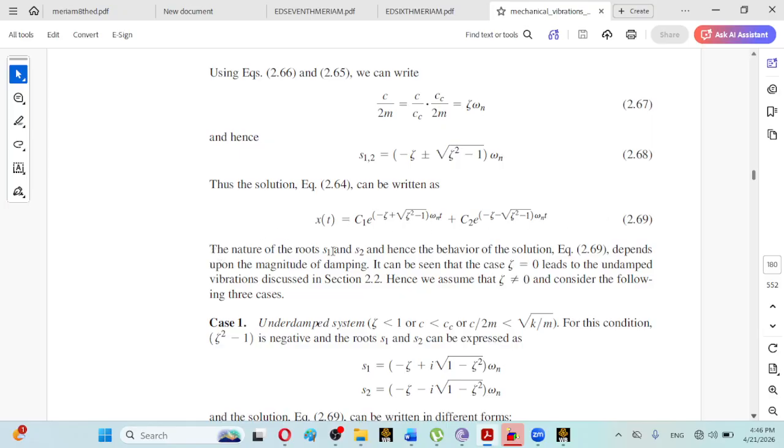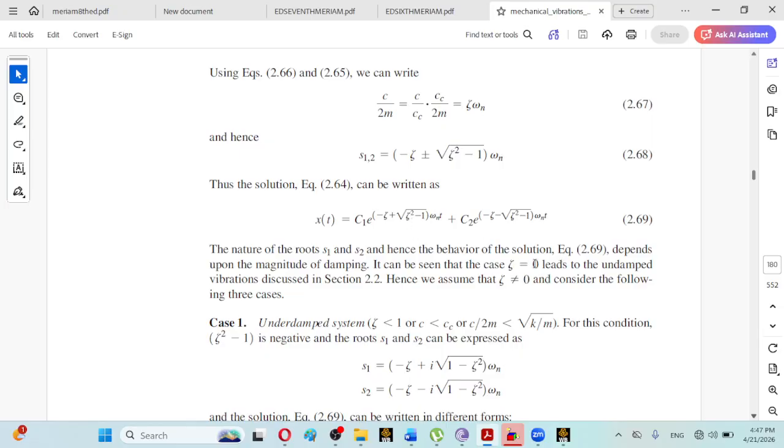Here it says that the nature of the roots s1, s2, and hence the behavior of the solution of equation 2.69, depends upon the magnitude of damping. It can be seen that the case damping factor equal to 0 leads to undamped vibration discussed in section 2.2. Here it says that if in this equation 2.69 we simply put the damping factor or damping ratio to be 0, we simply obtain the equation of undamped oscillations as we had previously obtained in the first part of this chapter.